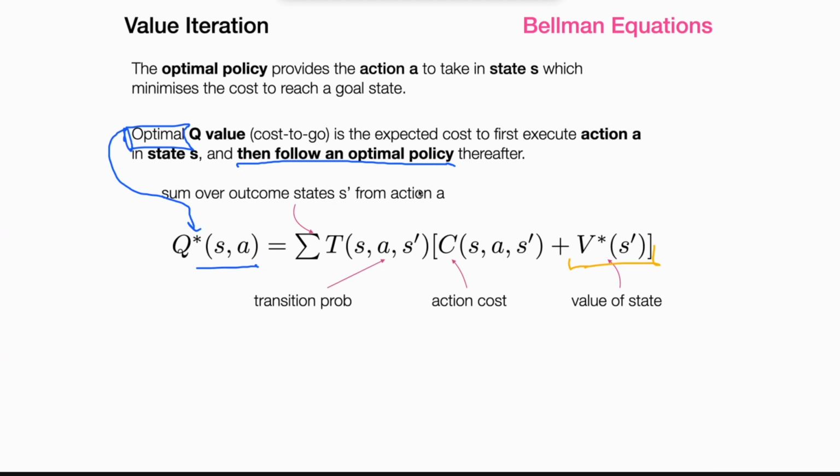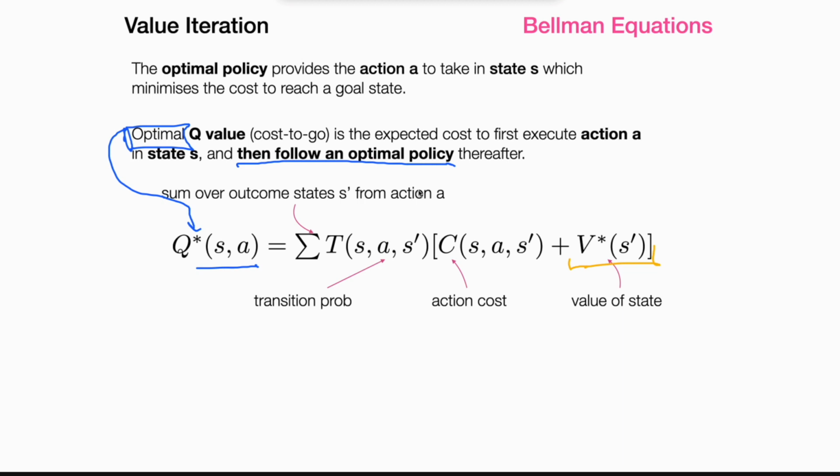Right? That's the way to think about it. How good is that state? Well, a state is only as good as the policy that gets you to the goal from that state. A state is only as good as your ability to reach the goal from that state.